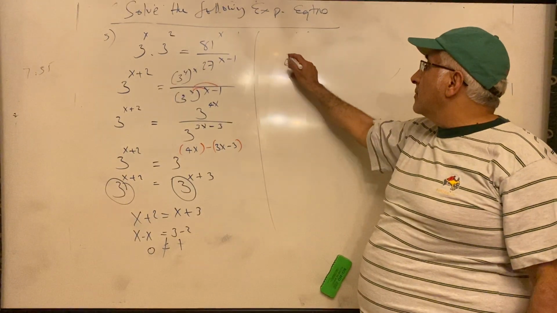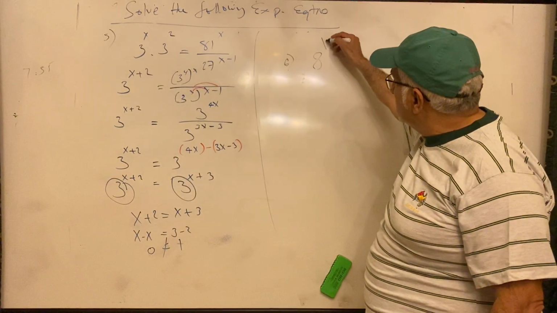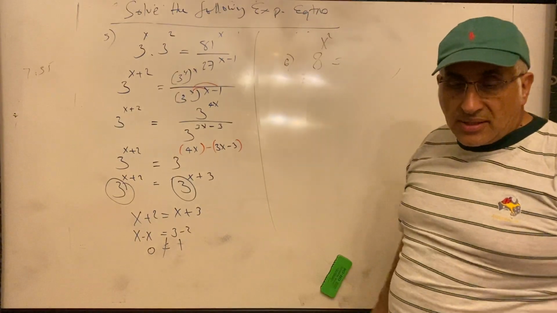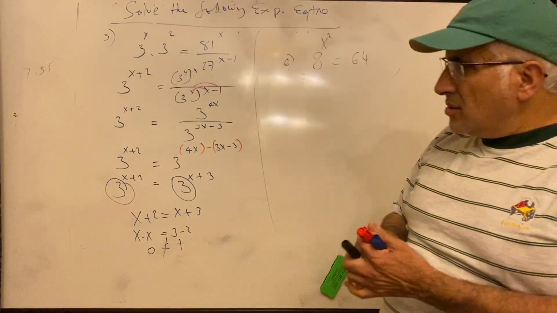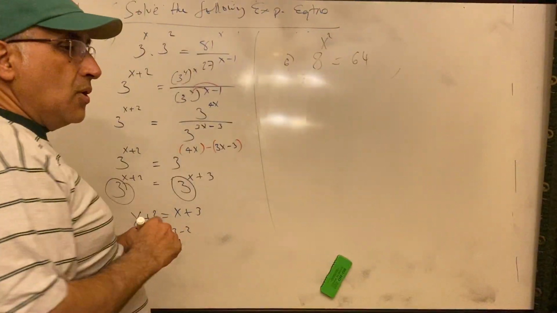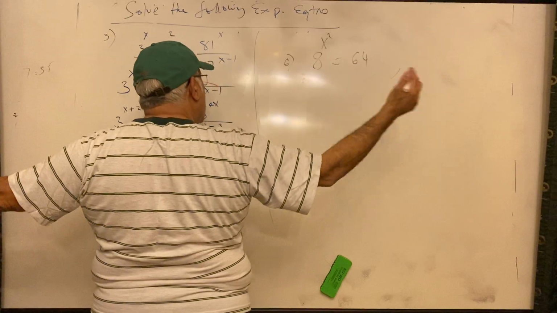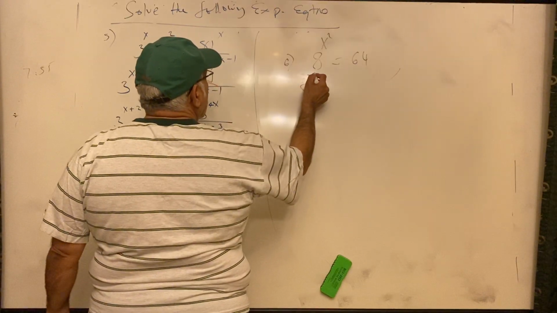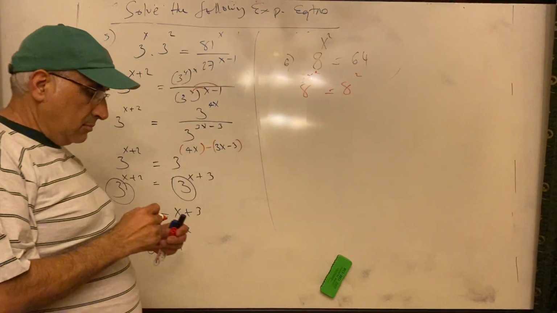Question number 6. How about if I say a to the power x squared equals 64? What? Powers, square root. Why does it look like this? Well, think about it. Can I make this 8 squared? Yes, I can. Wow. So the base will stay. In here, it will go like that.